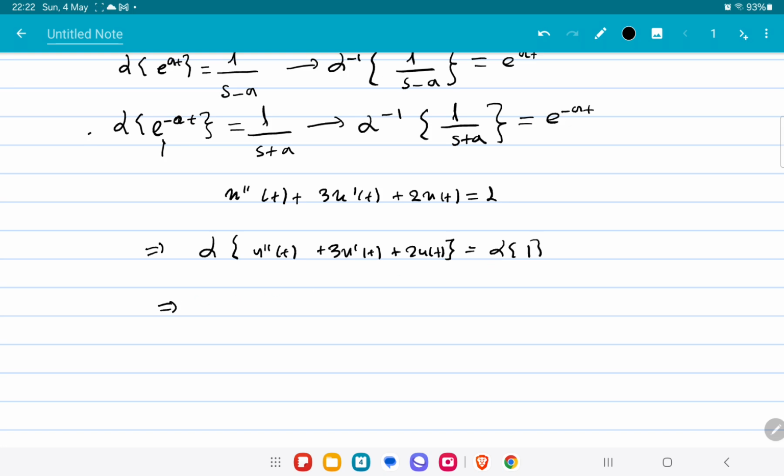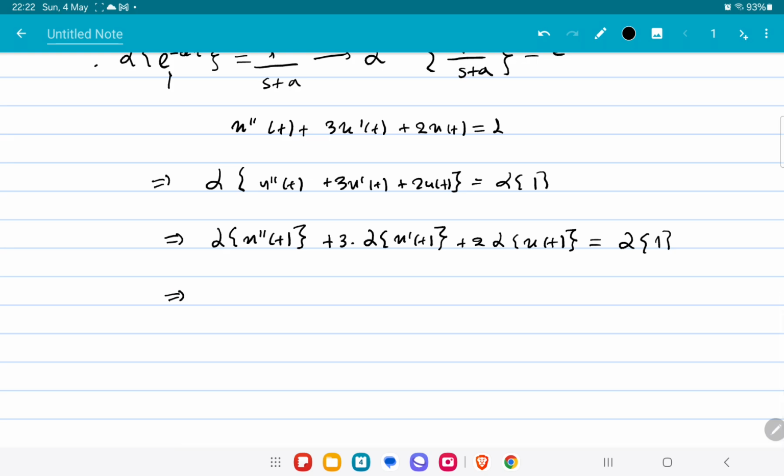The Laplace transform is linear, so it will act on each one of the terms: Laplace of u double prime of t, plus 3 Laplace of u prime of t, plus 2 Laplace of u of t, equals Laplace of 1.